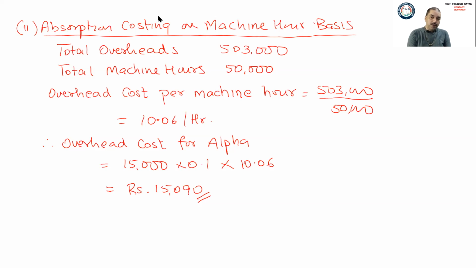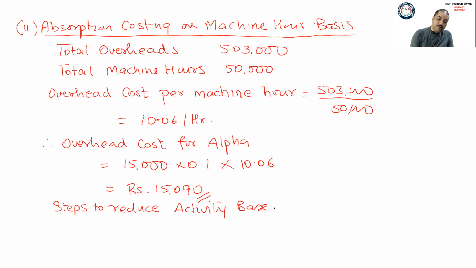So write down the steps to reduce activity-based cost.